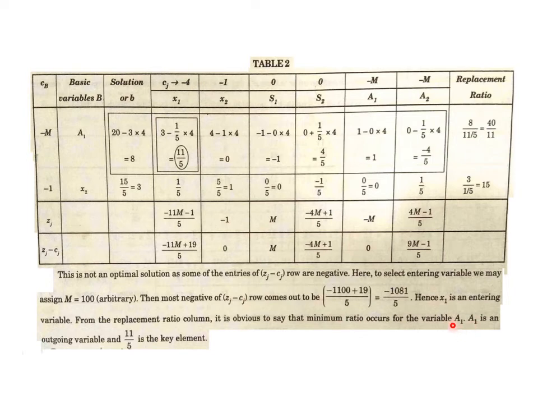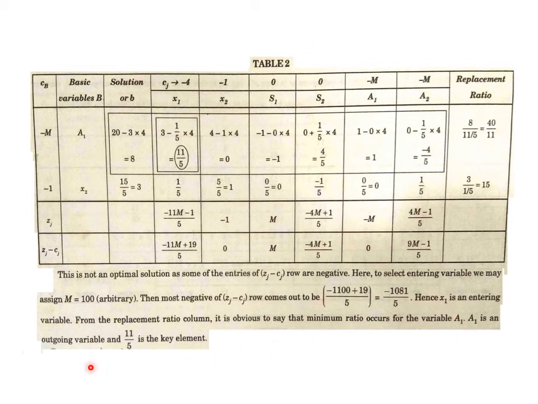One more thing can be done, because A1 is an artificial variable, we have to exclude it at any cost. That's why it is also possible, like A2 was outgoing as per table 1, so if you wish, you can cancel that column also. That means A2 was outgoing as per table 1, so it's not necessary to make that column A2 in table 2.